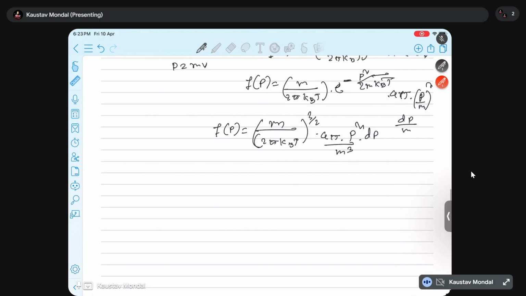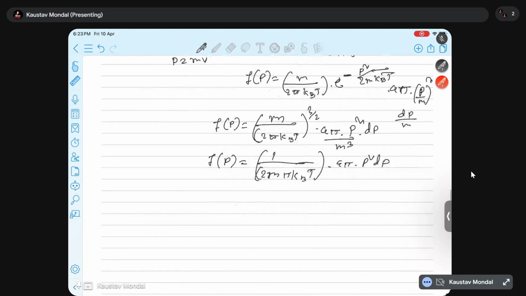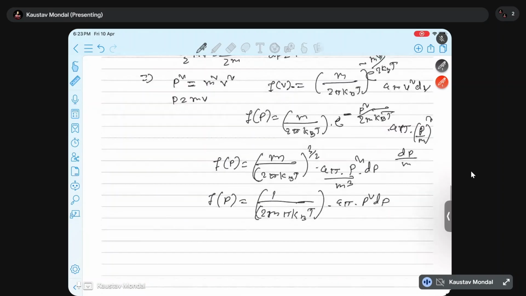And more simplified, you can cut the m. It will become 1 by 2 pi kbT to the power 3 by 2 into 4 pi p square dp. The exponential term is also there. It will become e to the power minus p square by 2m kbT.